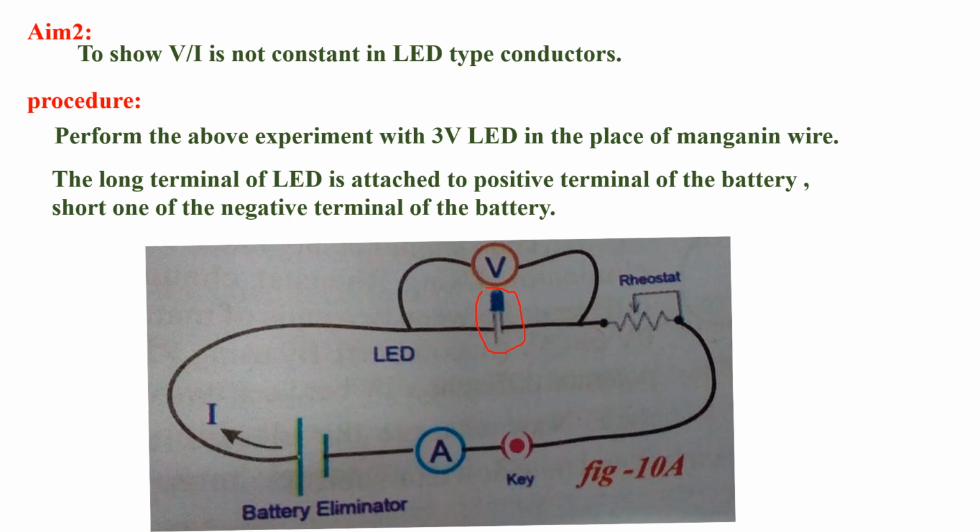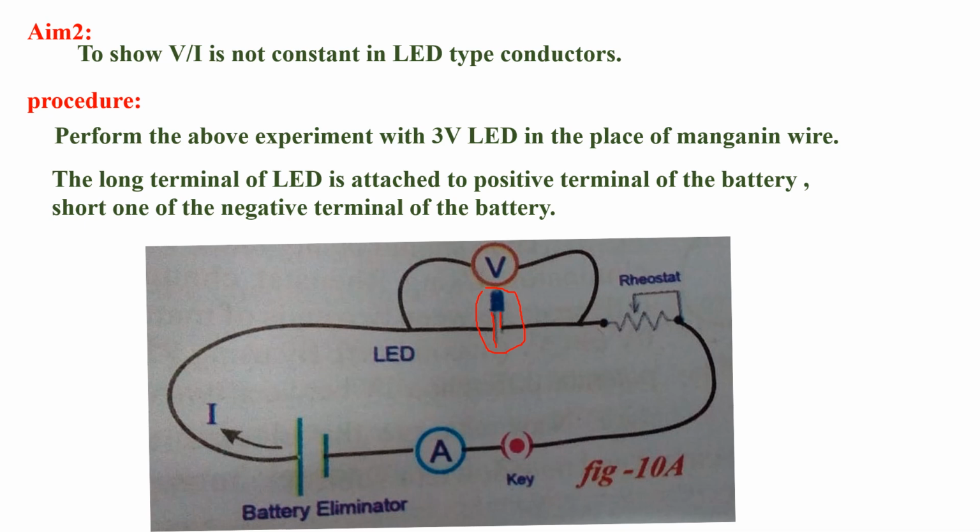In this LED you have to remember one point: it has two terminals, one long and one short. Always remember the longest terminal should be attached to the positive side and the shortest terminal to the negative side of the battery.